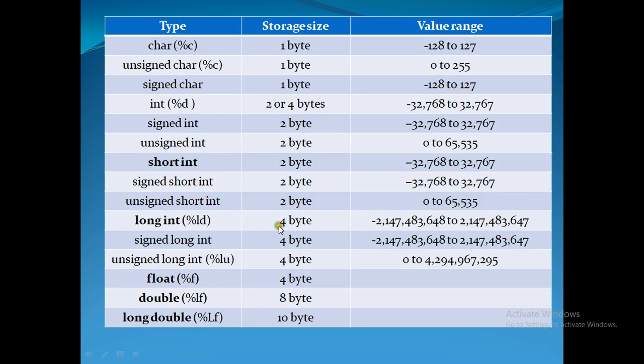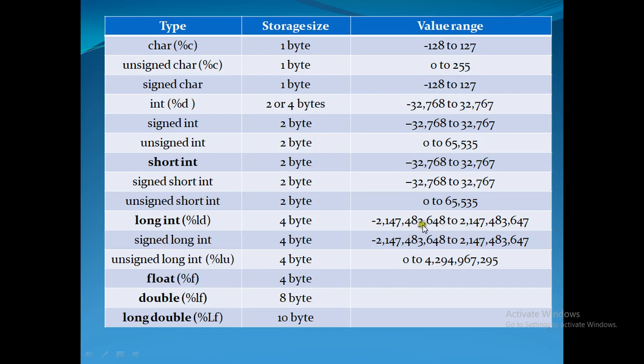If you want to represent long values, that is double values, greater values than this range, which starts from minus 32,768 to plus 32,767, that is a normal integer range. If you want to store a value greater than that, then we can go for a long int, with %ld, 4 bytes.